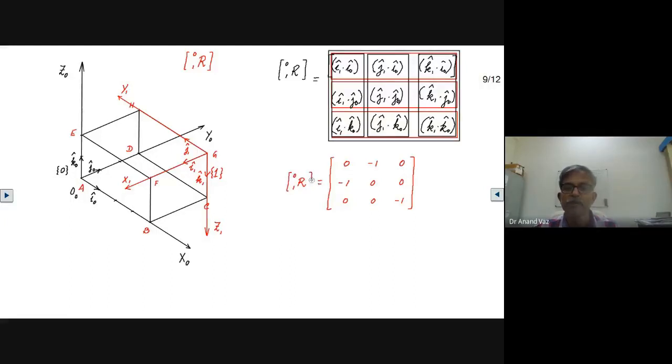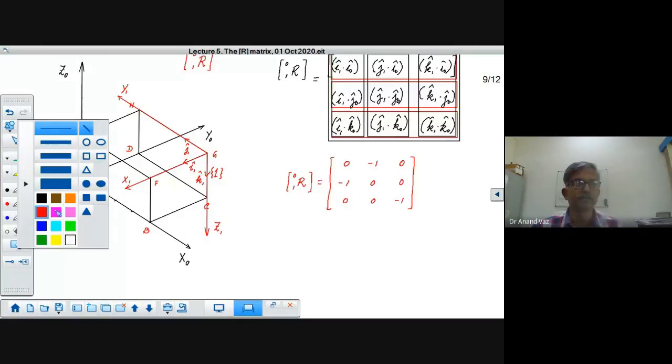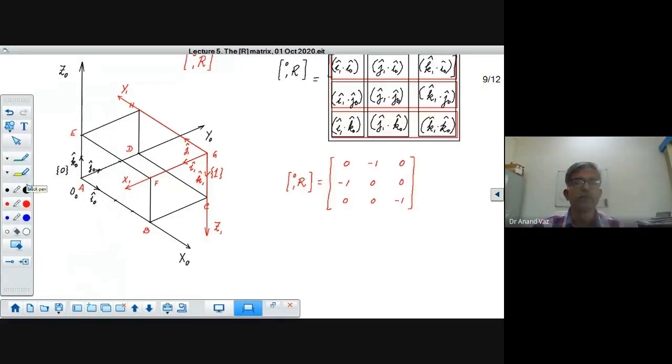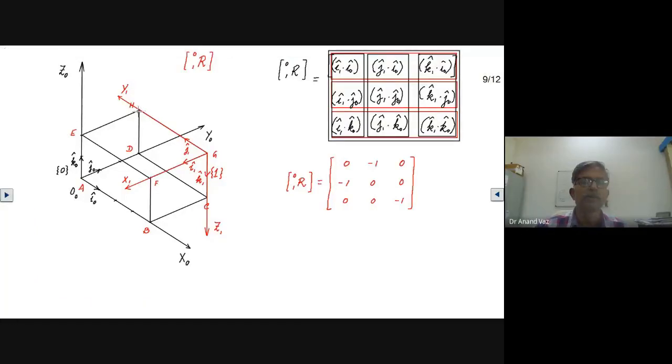I hope this example is clear to you. In the same manner, let's take another color. You may take some other direction. You may consider one axis here.